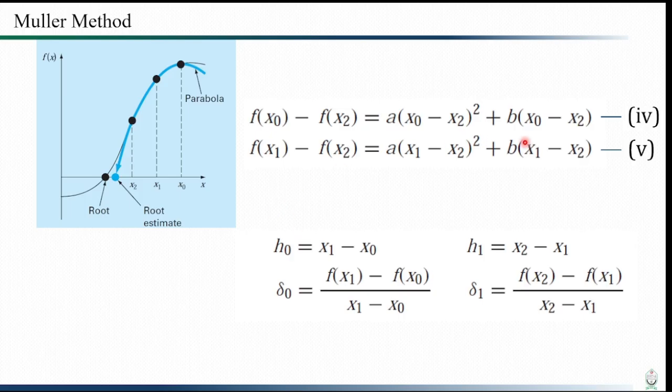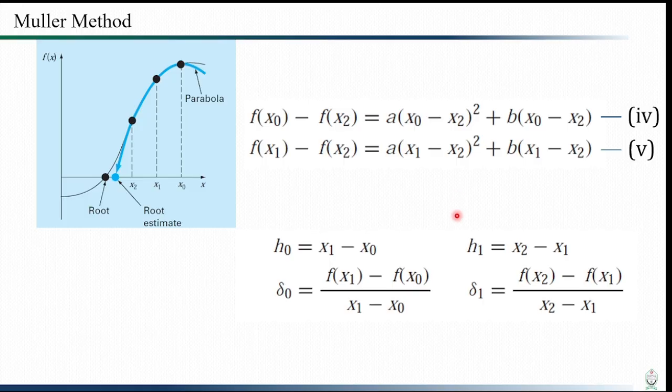So at this moment, we have these two equations at our hand, equation 4 and 5, and we have created these four known quantities to make this calculation simple to find out the value of a and b. Our ultimate goal here is to find the value of a and b.